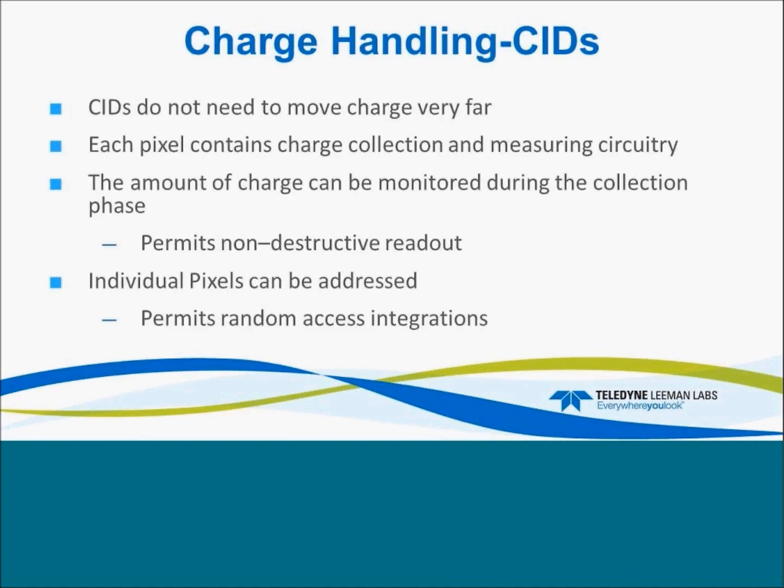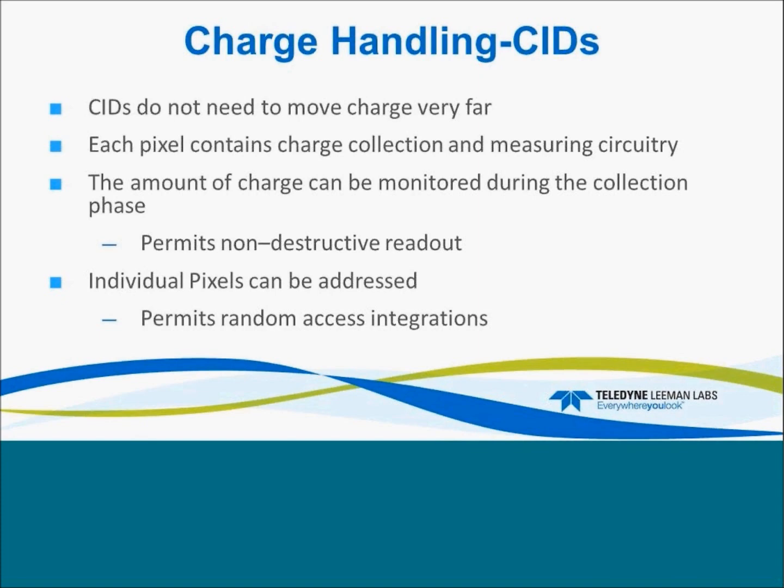CIDs don't have to move the charge very far. The CCD has to move the charge to some point off the chip. On a CID, each pixel contains its own charge collection and measuring circuitry. So it's possible that when you are doing an acquire or when you're integrating signal, the device can look at the amount of charge in a pixel and then put it back and continue monitoring so that the pixel does not saturate.